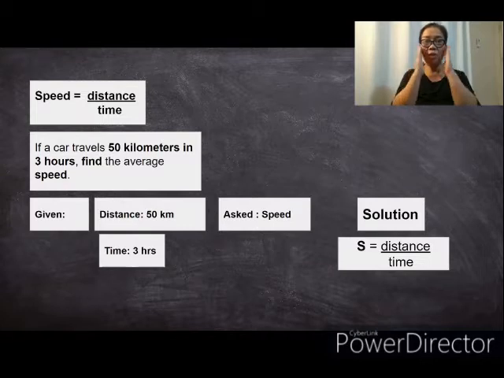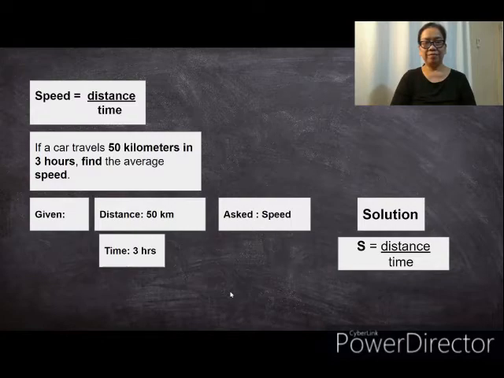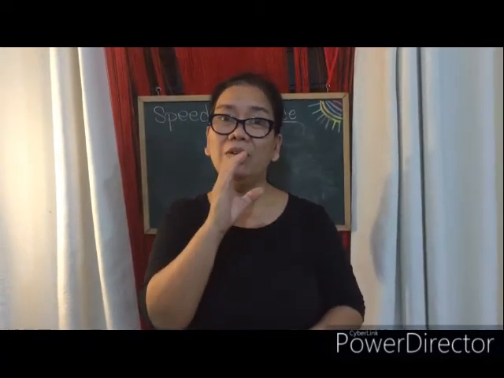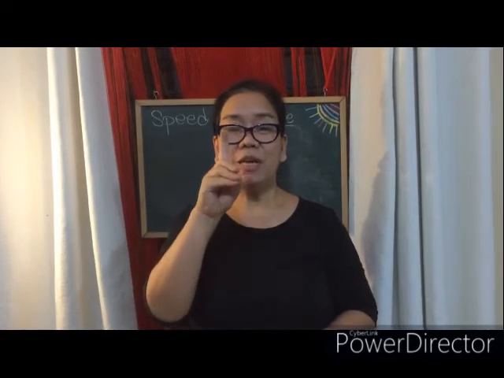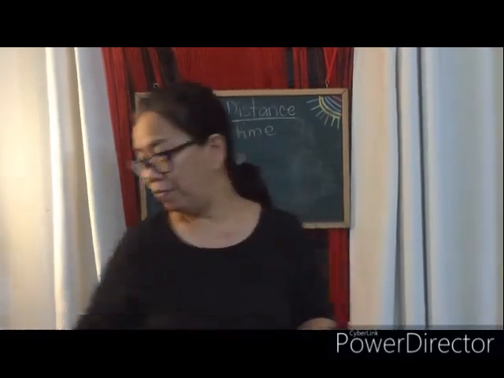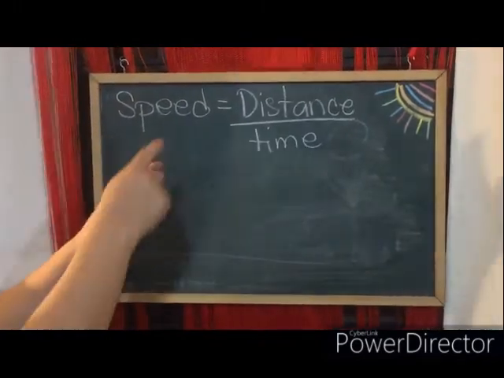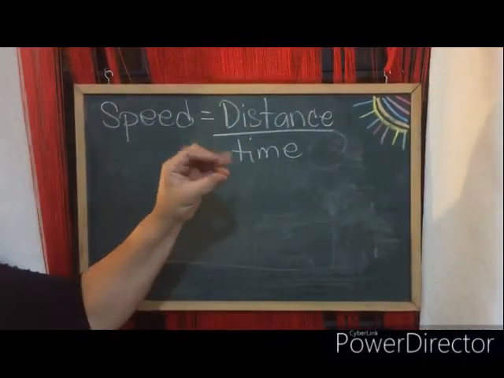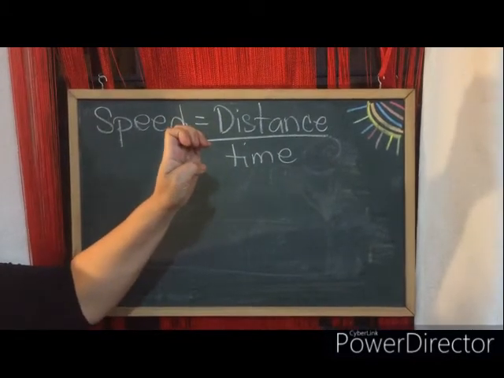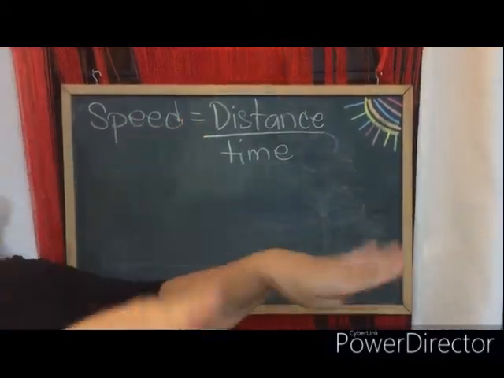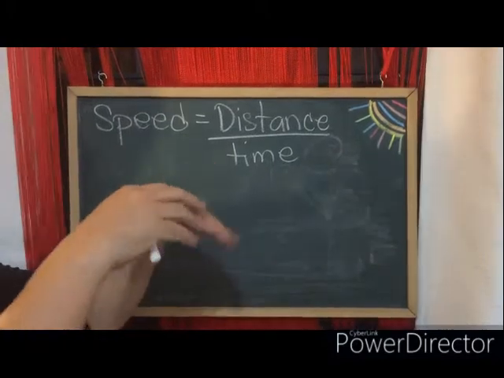Okay, here's what you're going to do. Please do listen. Okay, is that clear? Listen again and we will find out the speed. Here's how. For the speed, we have to divide distance by time. How?